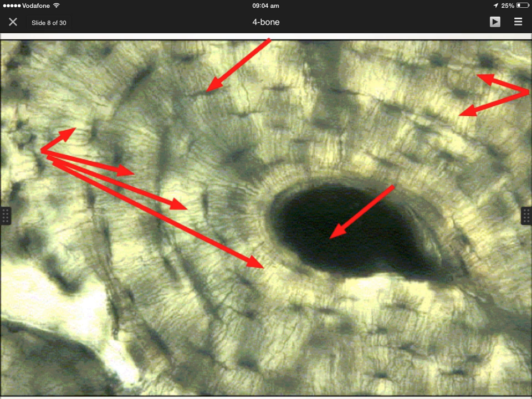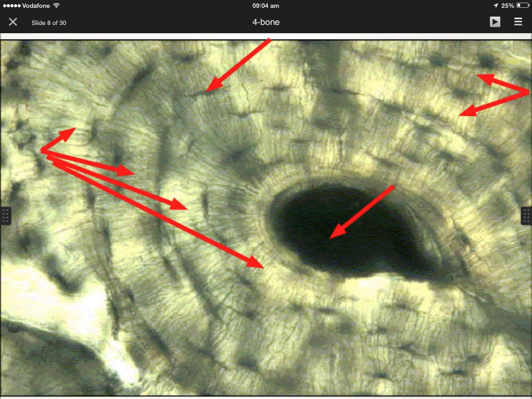And these arrows here are denoting the concentric lamellae. These are concentric bony lamellae, and they are actually showing canaliculi. So it's better to mention the two words because you don't know which one is needed by the examiner.